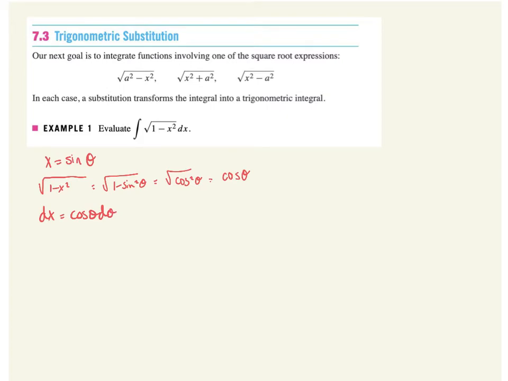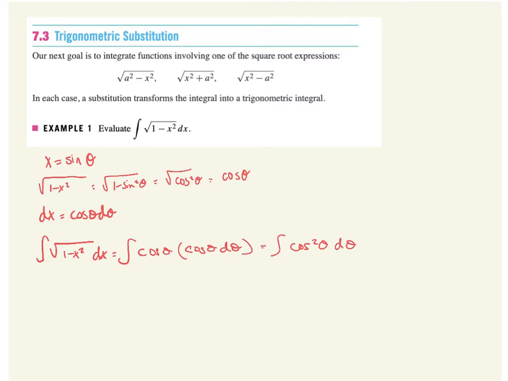Right, so we have all the pieces that we need so that we can then say that this integral that was originally the integral of square root 1 minus x squared dx is equal to the integral of cosine theta, and then the dx would be replaced with cosine theta d theta. Okay. So this is equivalent to the integral of cosine squared theta d theta.